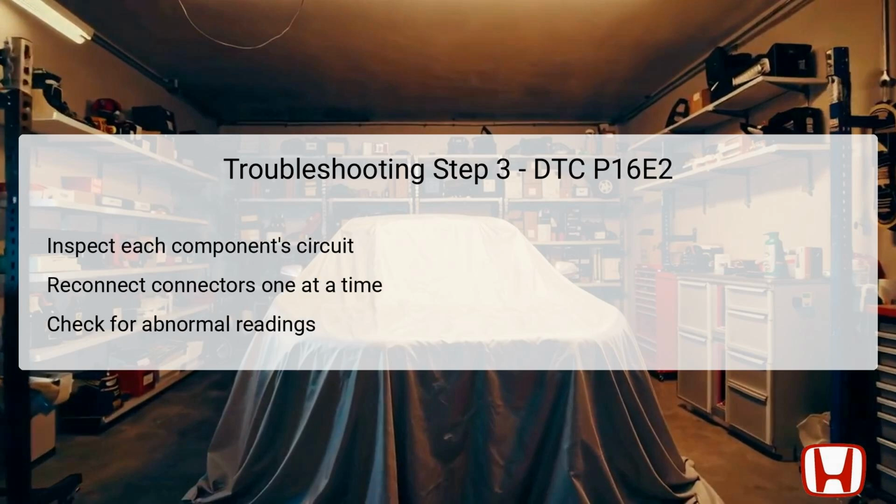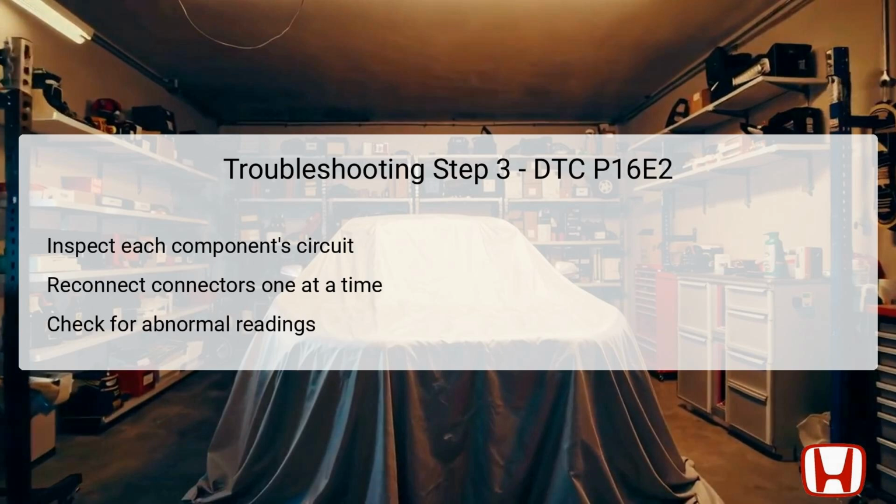Once all connectors have been inspected and any potential issues identified, the next step involves reconnecting the connectors one at a time. Start with the PCM connector, followed by the shutter grille connector, 12-volt battery sensor connector, and finally, the DC-DC converter connector.